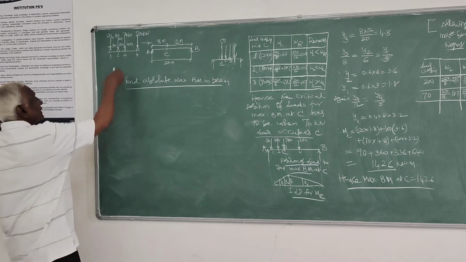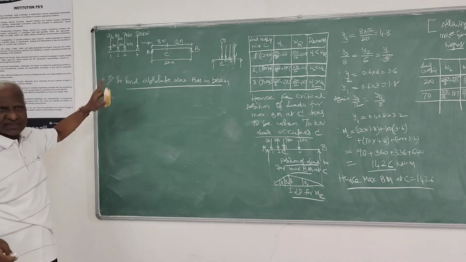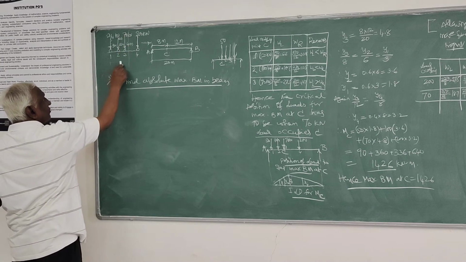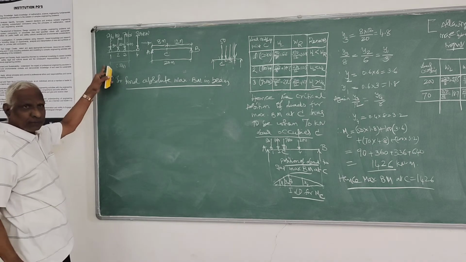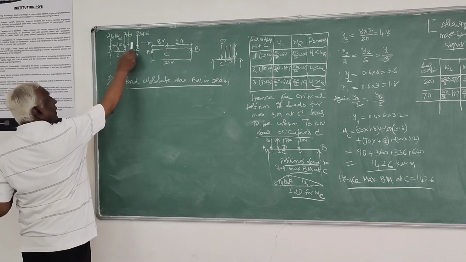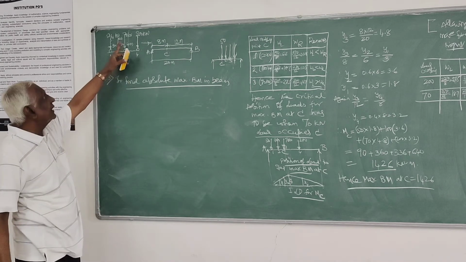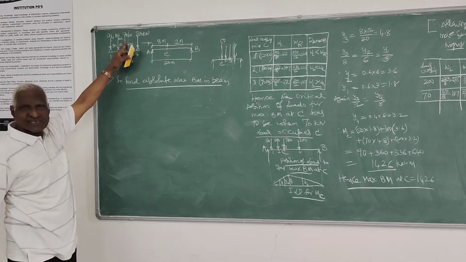Suppose the CG line comes here; we have already done this calculation. The CG of the loads is at 5.8 meters from load 1. So the loads closer to this CG line are 70 and 200, but closest is 70.